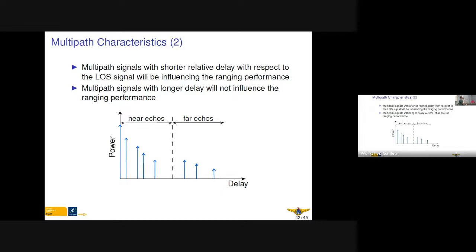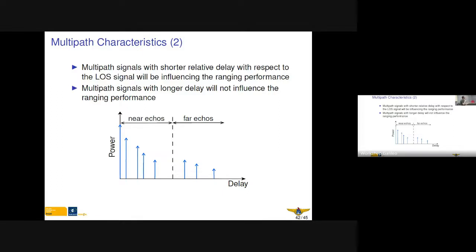And I gave this here again in a power delay profile of our channel. So these blue arrows that are closer to the y-axis characterize our near echoes, while the x-axis shows us the relative delay of these echoes to the line of sight signal, and maybe the arrow right on the y-axis is the line of sight signal.